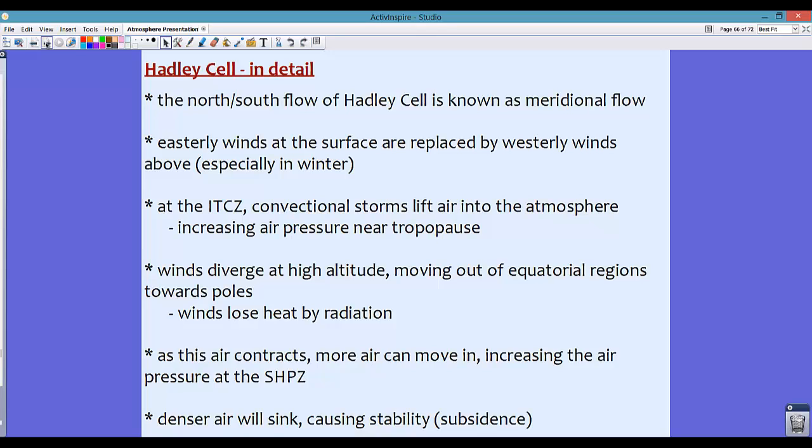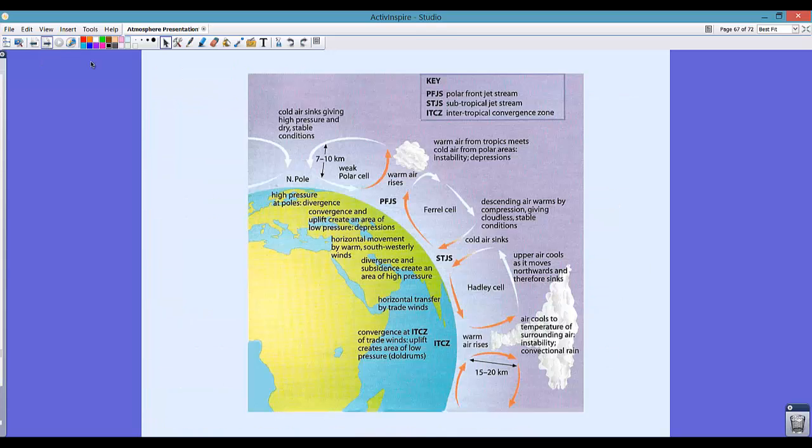Now, winds are going to diverge at high altitude, meaning that they're going to disperse, moving out of the equatorial regions towards the poles.